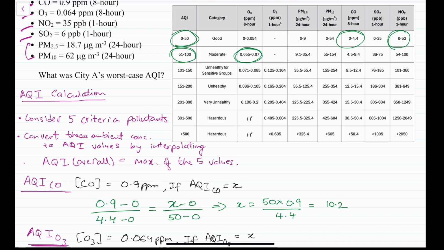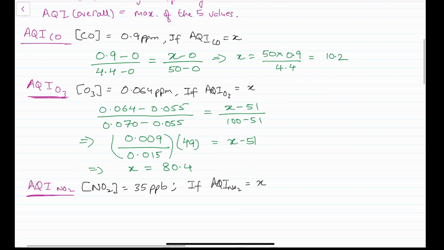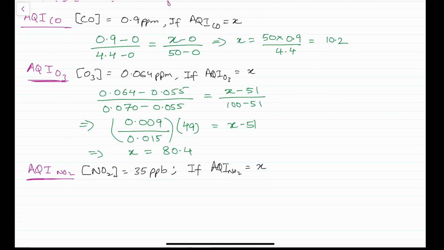So 35 ppb is again the first row. So we will write 35 minus 0 divided by 53 minus 0 equals x minus 0 divided by 50 minus 0. You solve this and get x equal to 33.